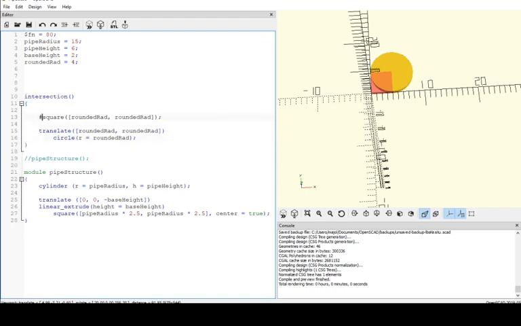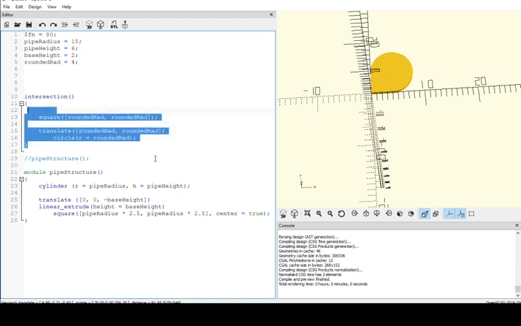I just want to remove this quickly. Hold on, so we are saying intersection between that and that.